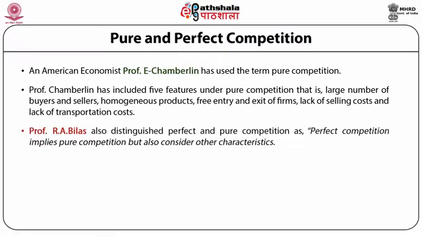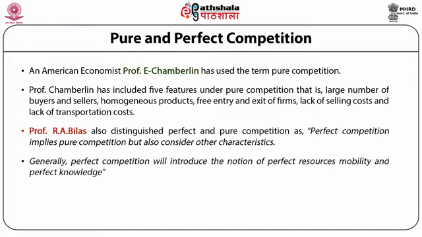Professor R. A. Bulas also distinguished perfect and pure competition, as perfect competition implies pure competition but also considers other characteristics. Pure competition implies one degree of perfection, the complete absence of monopoly.